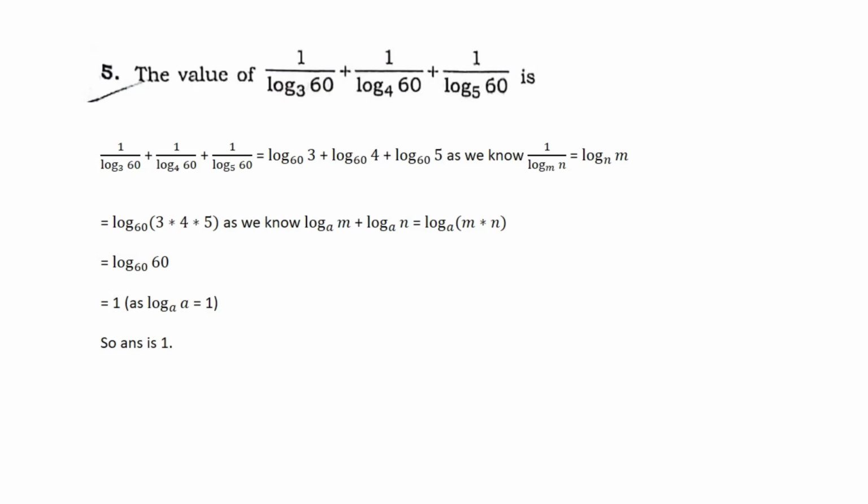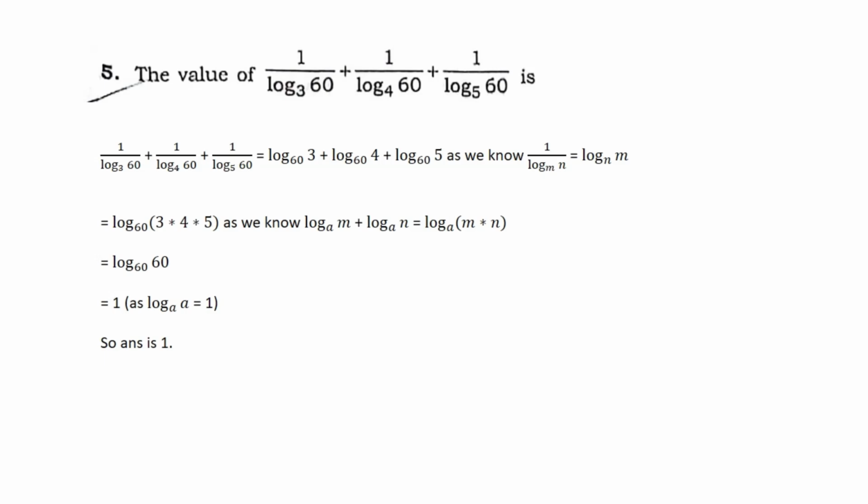By this formula, 1 by log 60 to the base 3 can be written as log 3 to the base 60, 1 by log 60 to the base 4 can be converted as log 4 to the base 60, and 1 by log 60 to the base 5 can be converted as log 5 to the base 60.